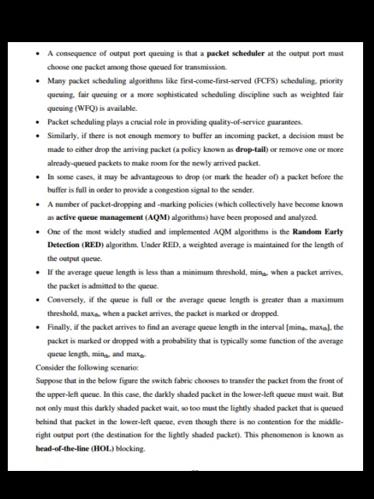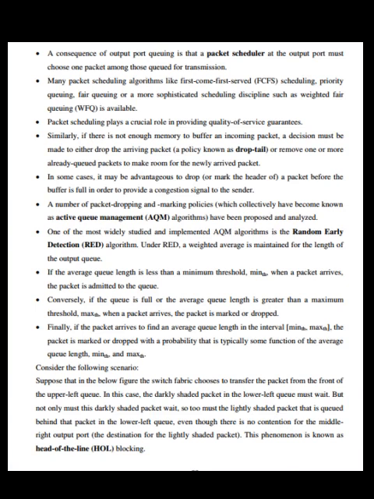Finally, if the packet arrives to find an average queue length in the interval min th, max th, the packet is marked or dropped with a probability that is typically some function of the average queue length, min th and max th.